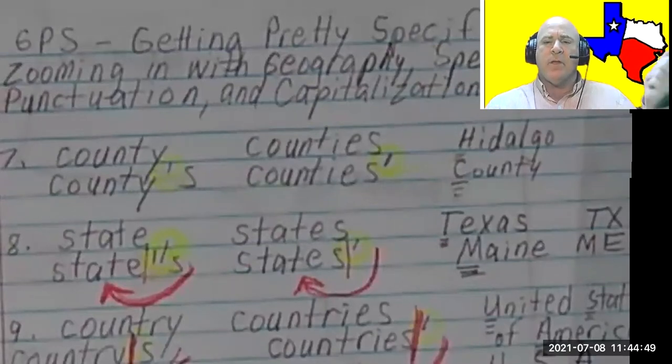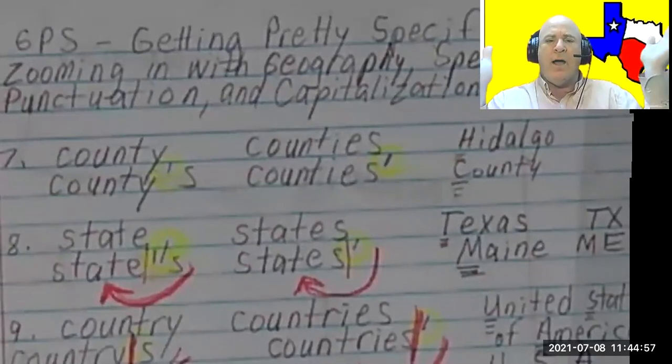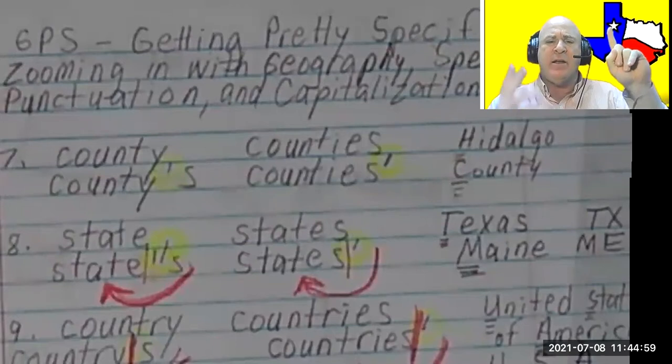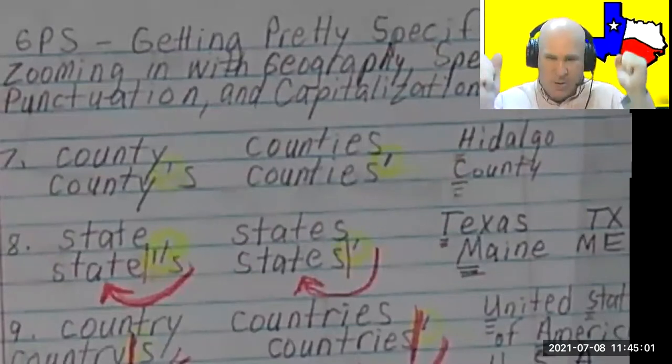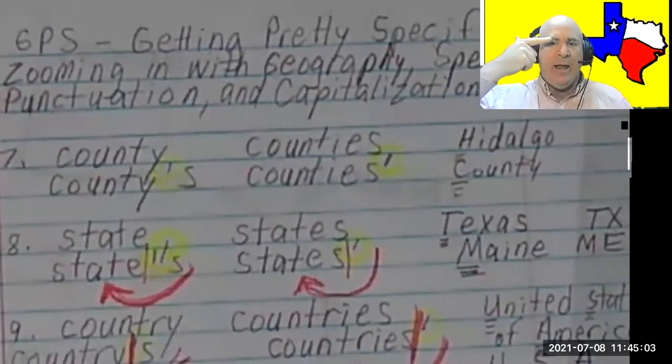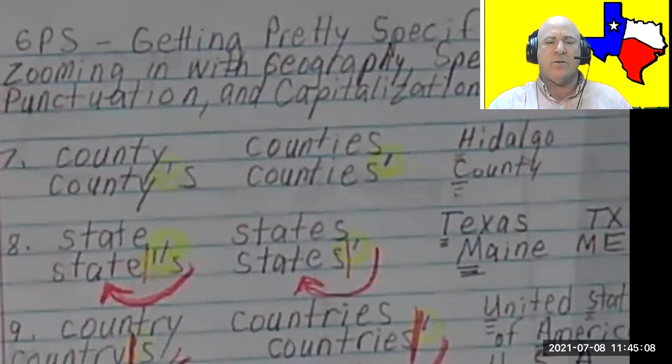C, O, U, N, T is the same, but the consonant Y rule that changes singular to plural says drop the Y and add I, E, S. Counties.